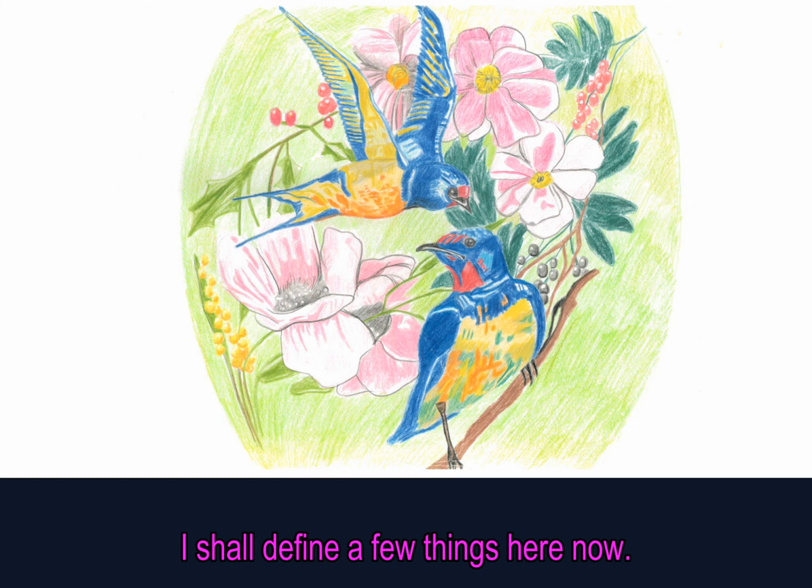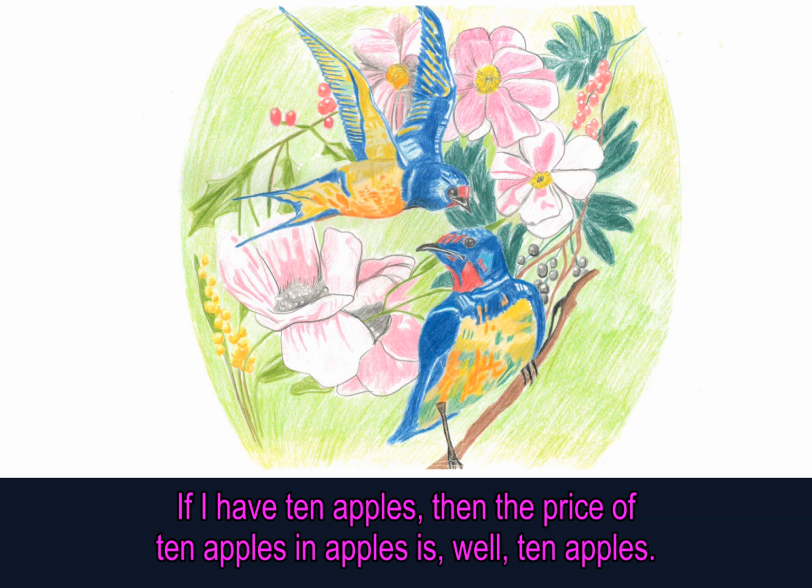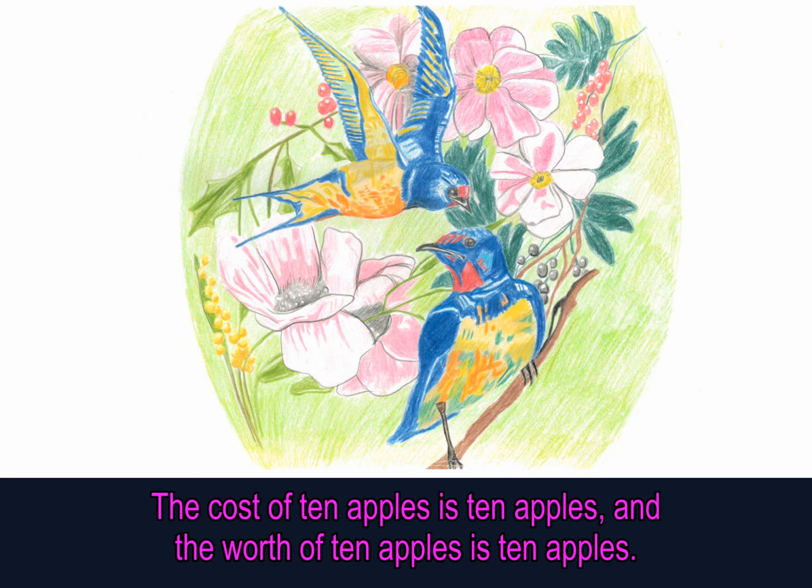I shall define a few things here now. If I have 10 apples, then the price of 10 apples in apples is, well, 10 apples. The cost of 10 apples is 10 apples, and the worth of 10 apples is 10 apples.